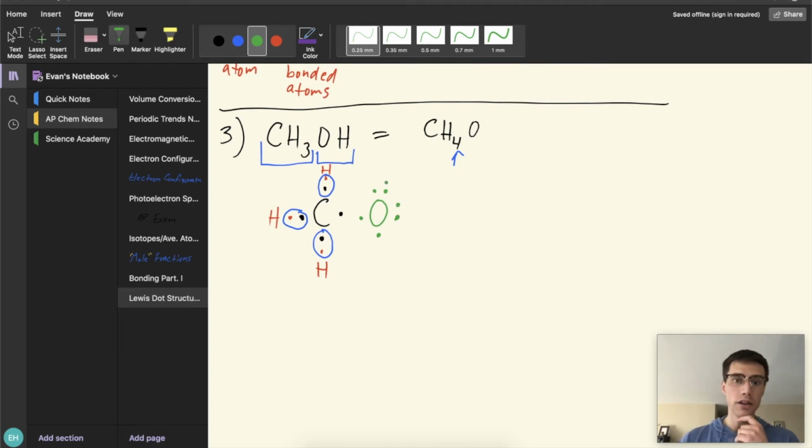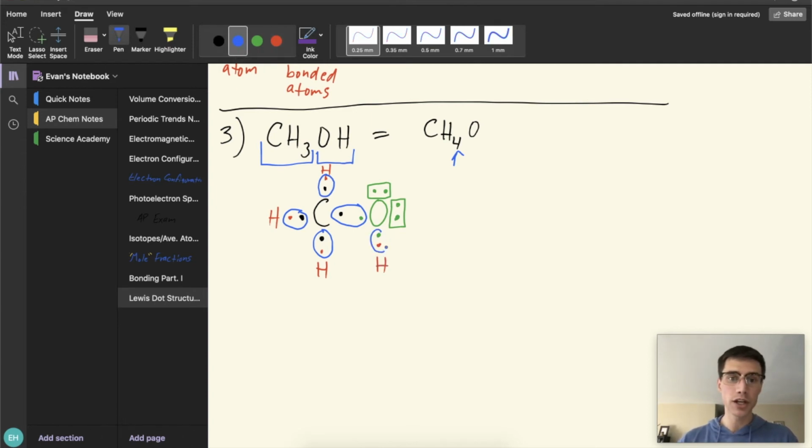Again, this group up at the top has formed a lone pair, so we're going to leave them there, and they can't form a bond now. The group on the right has also formed a lone pair because there's no other space there. Now, conveniently, we can form a bond right here with these last electrons that are left in between the carbon and the oxygen. So the only thing we have left to fill in is our last hydrogen, which again only has 1 valence electron.